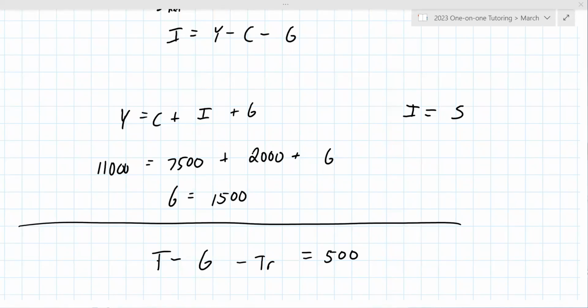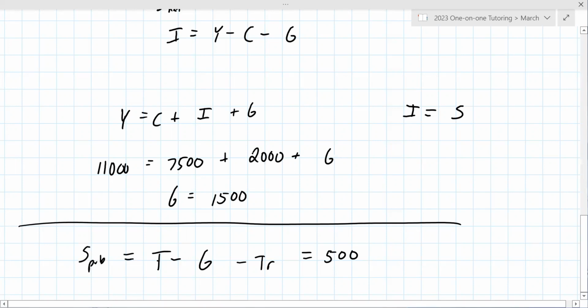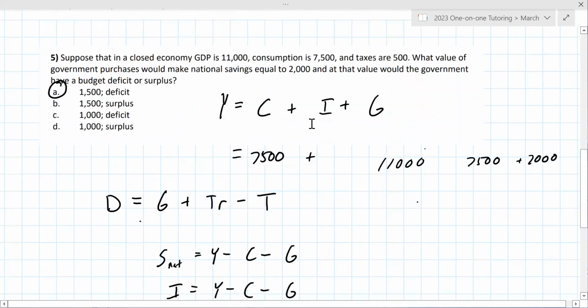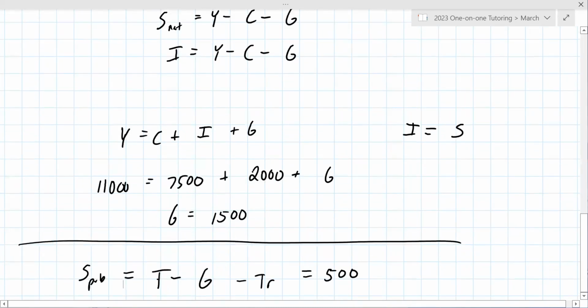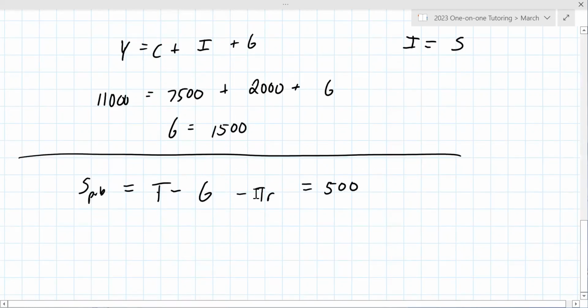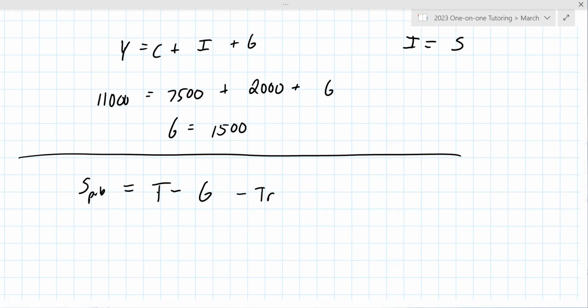Okay. Public savings is equal to T minus G minus TR. Yes, that's right. That's public, T minus G minus TR. Yes. And so doesn't it say then that the national savings? Well, when you put, but then you somehow set that equal to 500.